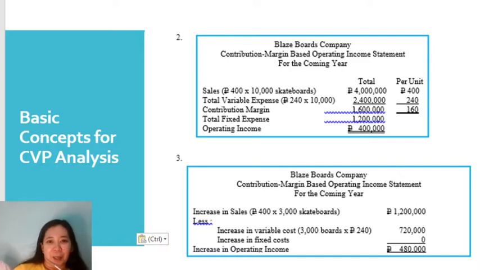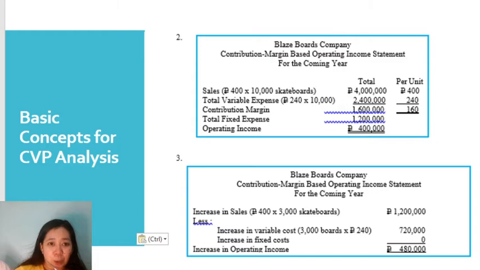Okay, for the number 3 requirement, you are required to solve for another contribution margin, because here, what if the number of units sold and produced will increase to 13,000?